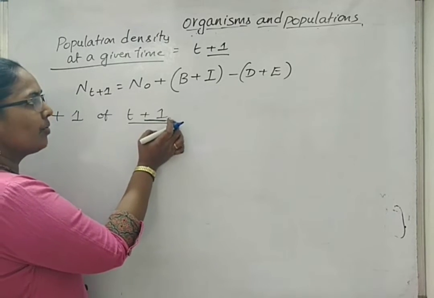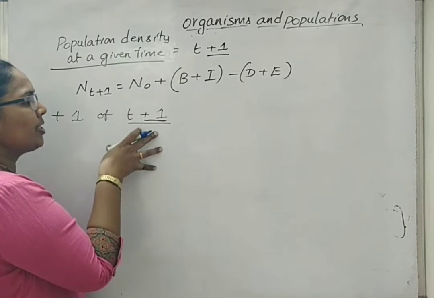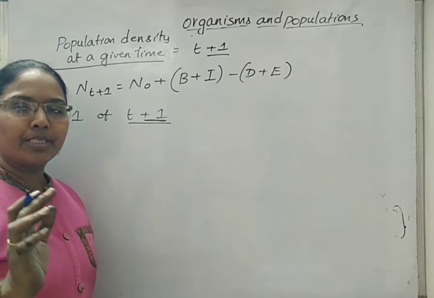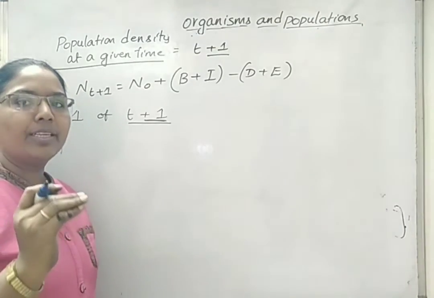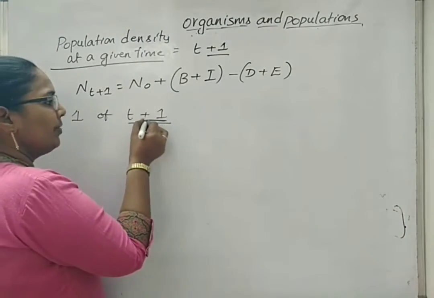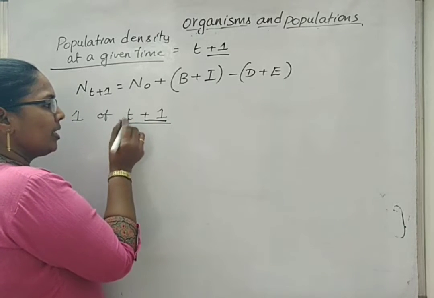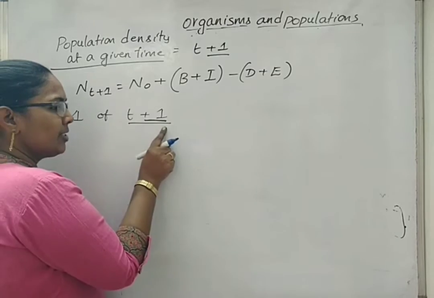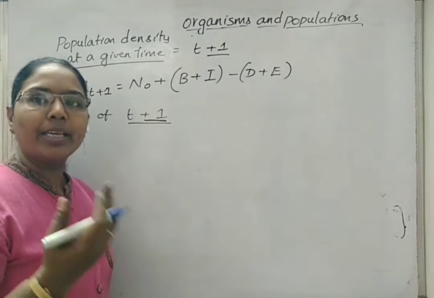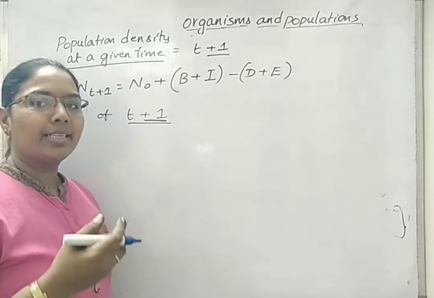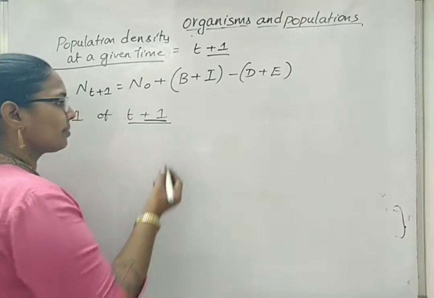So we are defining the population density as the number of individuals present in a particular given time period. Density means the number has to be increased over the existing one. Then only we will say that population density is increased.